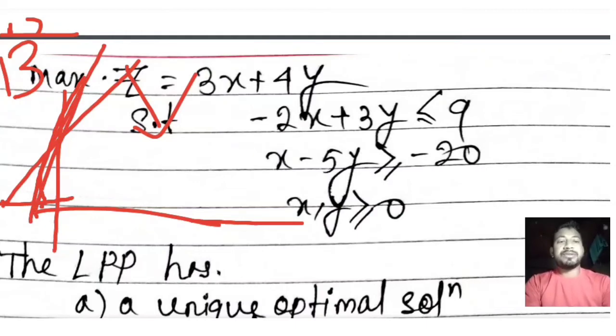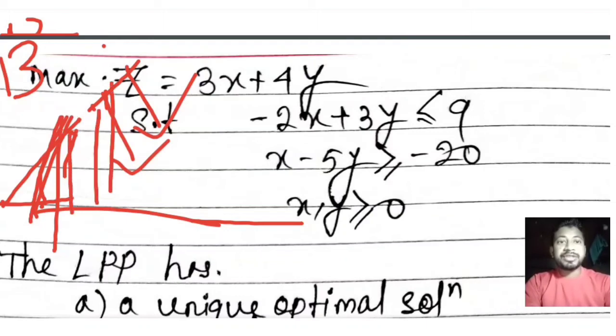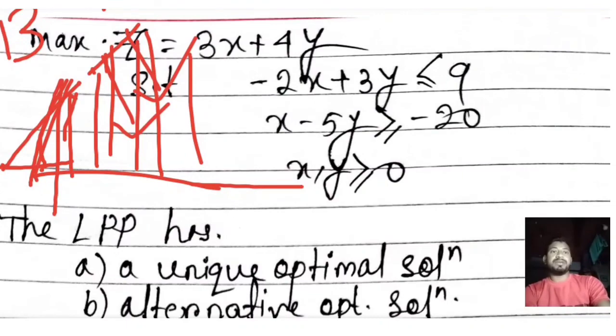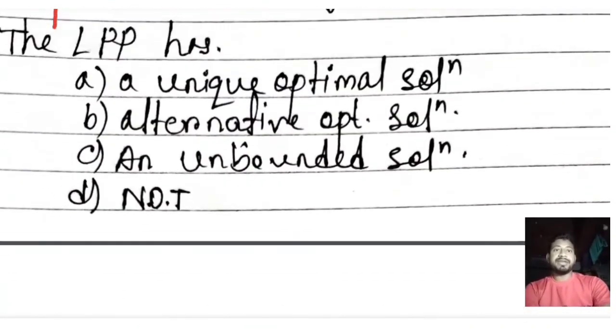Putting (0, 0) satisfies it, so this is also towards the origin. Here is the common portion. Now check the options: a unique optimal solution, alternate, and this is unbounded, since this region is not bounded. So option C is the correct answer.